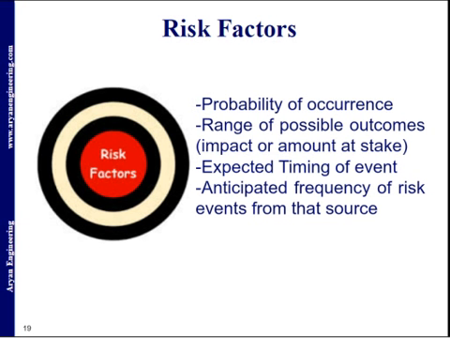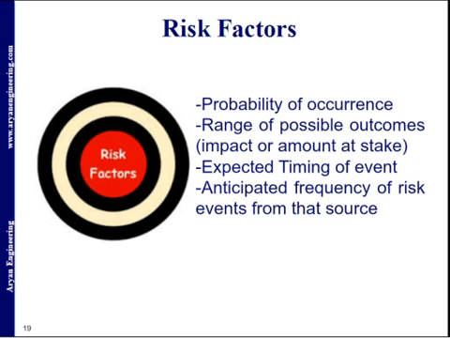Now the next term is the risk factor. Here there is a probability of the occurrence, then the range of possible outcomes, that is, we can say impact or amount at stake. Next is the expected timing of the event. What is the event?